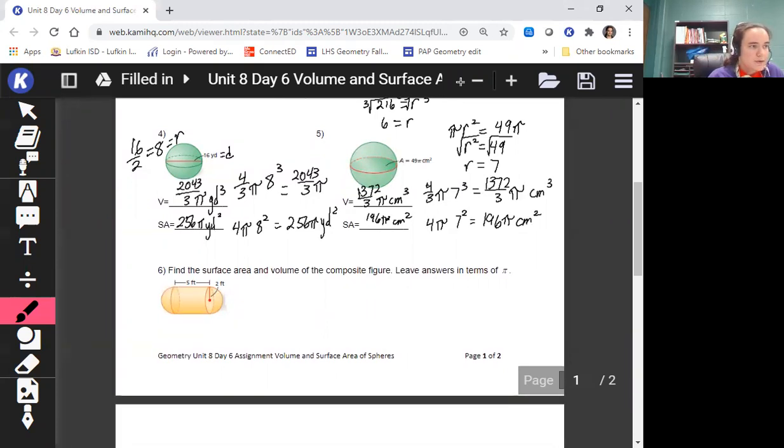Next up, we want to find the total surface area and volume of this composite figure. So we have a cylinder and 2 hemispheres, which means it's a whole sphere. So we need to find the surface area of the cylinder.